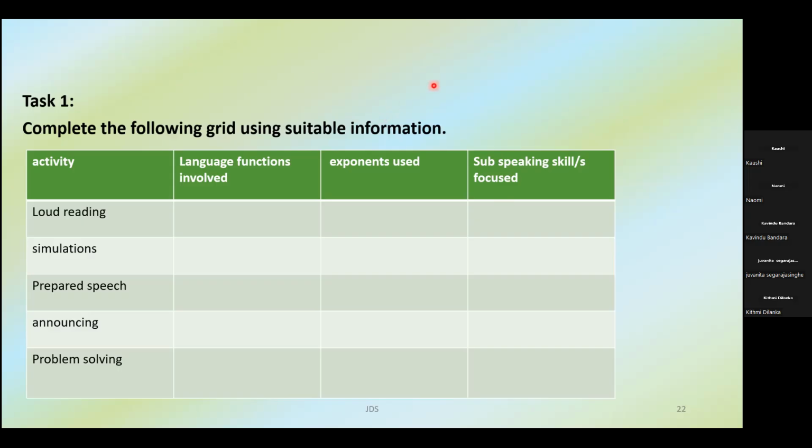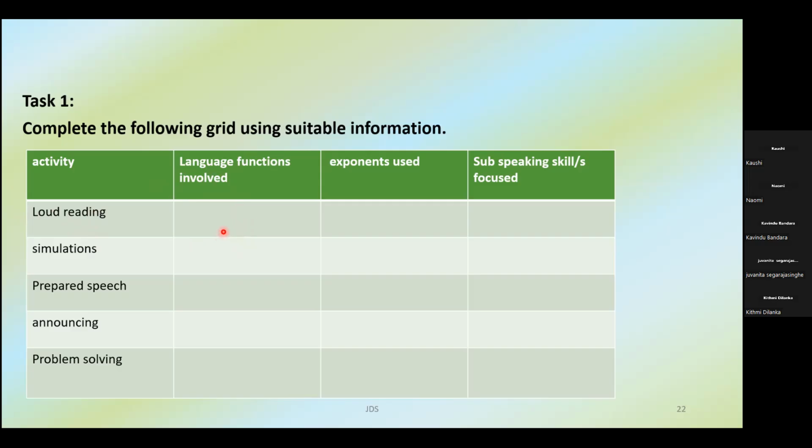So basically, we looked at 6 kinds of speaking activities, information gap activity, and all those things, right? Altogether 6. Now tell me, when it comes to loud reading, any possible language function that can get related to this activity.